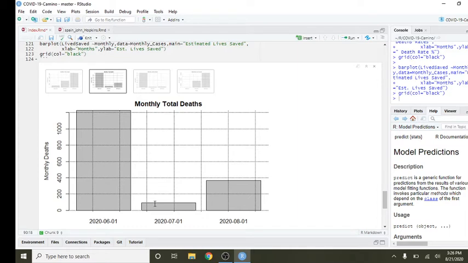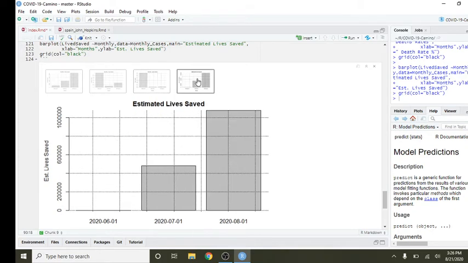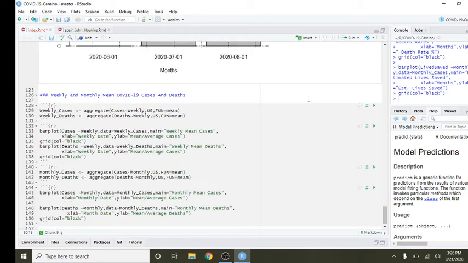They have caught about 7, have already surpassed July. August has surpassed July's numbers. Monthly death rate, 0.12% over here, 2%. Estimated lives saved.